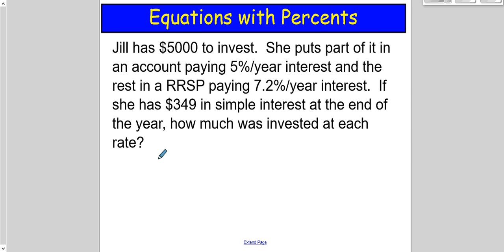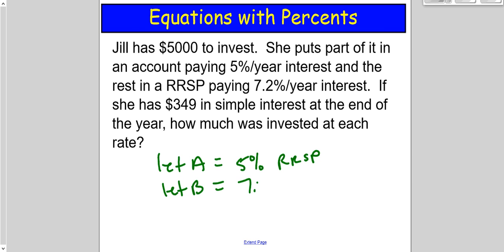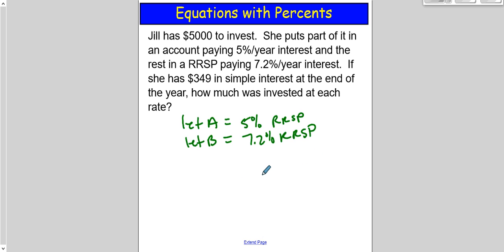She has, so we can say let A equal the 5% RSP. And then we can let B be equal to that 7.2% RSP. Okay, so when you're doing your equations for this, what's important is you want to write one equation that just represents the money.